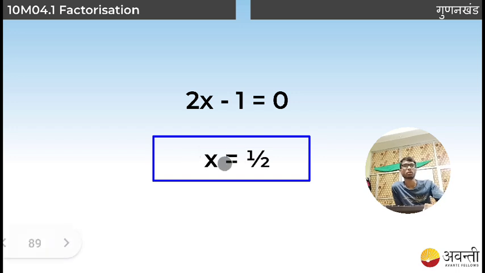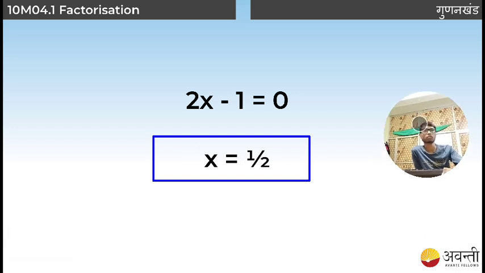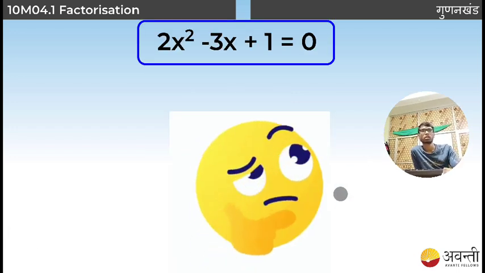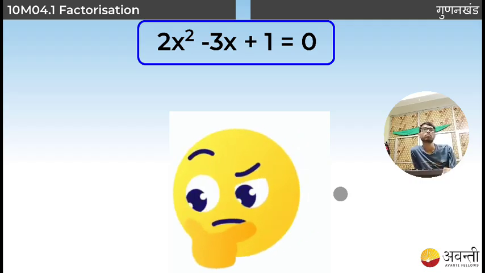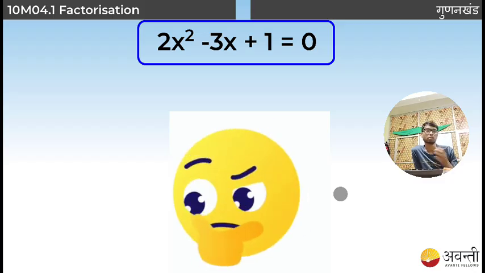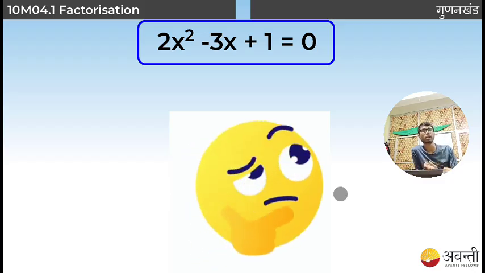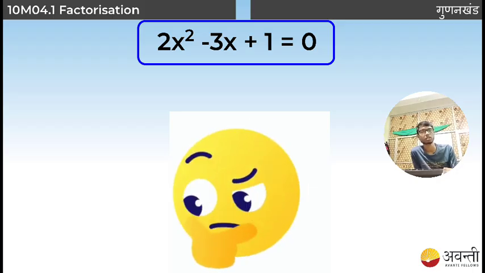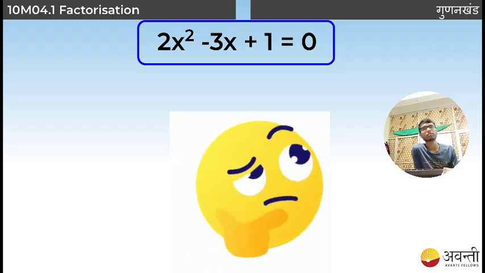Here x is equal to 1 by 2. But what about this? Is it a solution? We are not able to find. So after simplifying, we will be able to find whether this is a solution or not. First of all, you will have to simplify this.